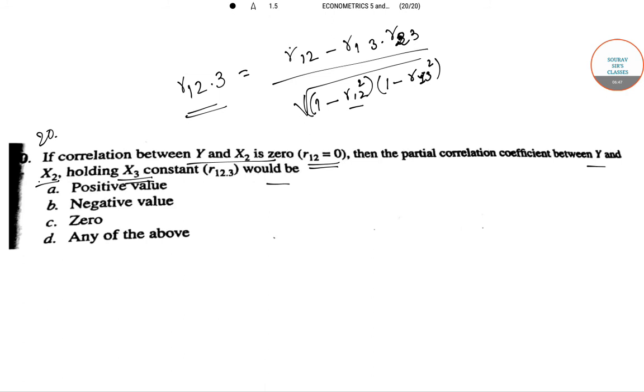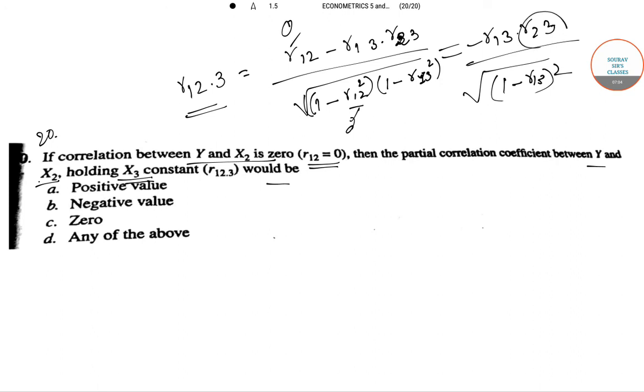From this relation, we can put the value 0 in the relevant places, and it reduces to minus R13 R23 divided by the root terms. If we don't know the values of these terms, we cannot identify the value of this. Therefore, any of the above is the correct answer, because we cannot determine it from the given information.